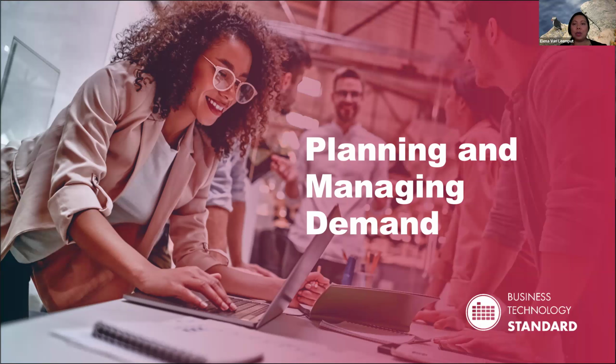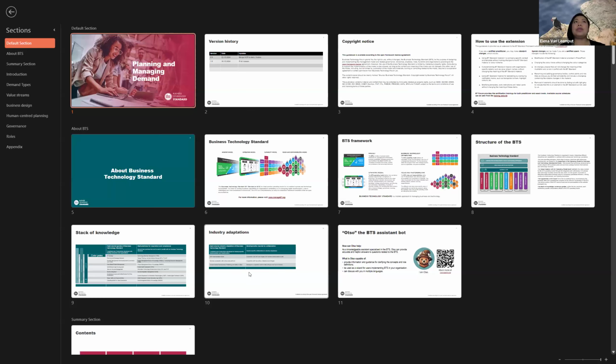So let's see what is in this guide. I'm going to give you a little bit of overview first. In this guide, we always by default have several things that are common to all guides.